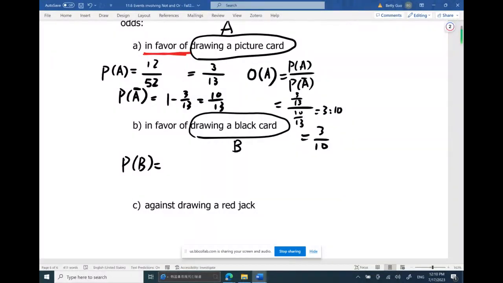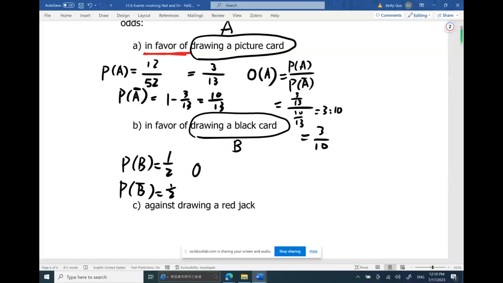Half of them are black, half of them are red. Evenly, right? So 1 over 2. Probability of drawing a black card is 1 over 2. Then probability of not drawing a black card, the complement, is also 1 over 2 because 1 minus 1 over 2 is 1 over 2, right?